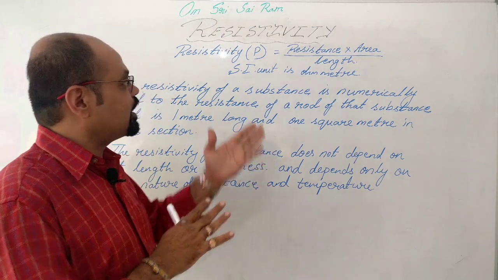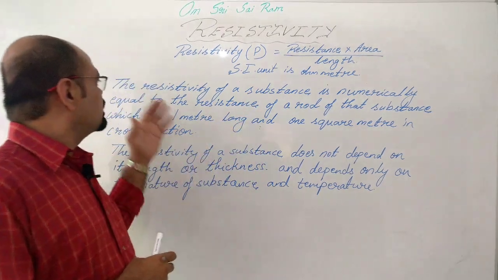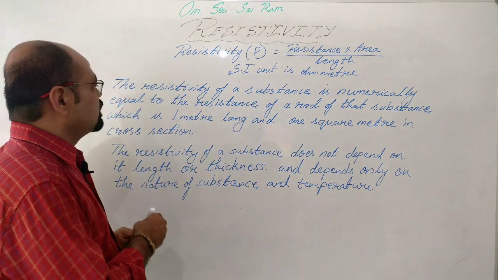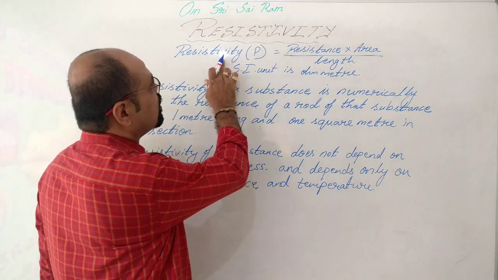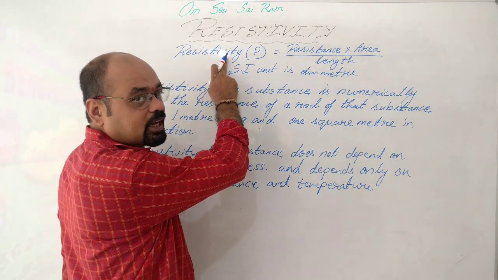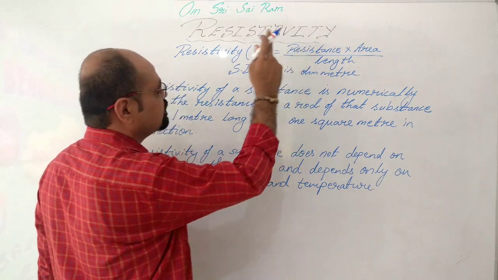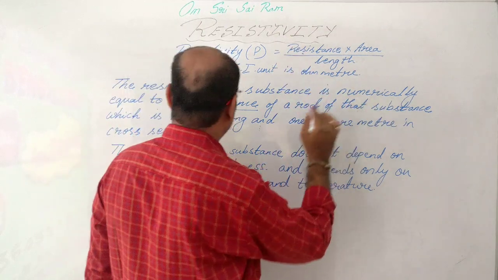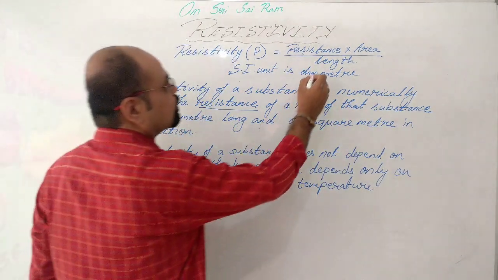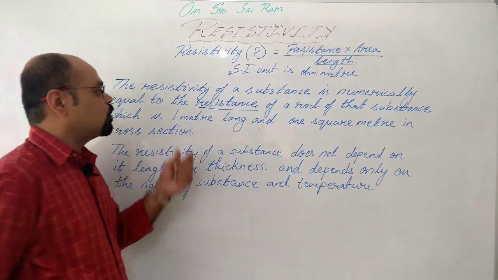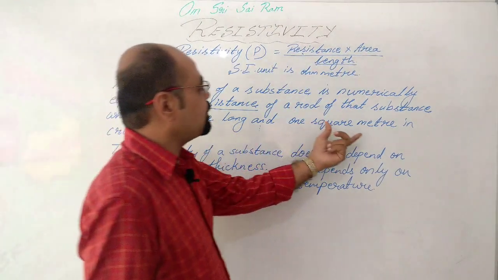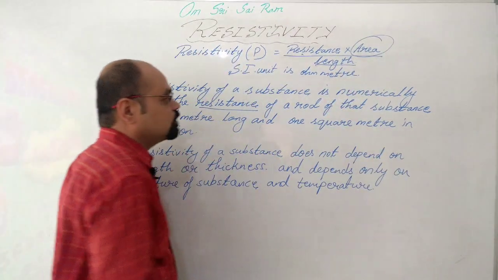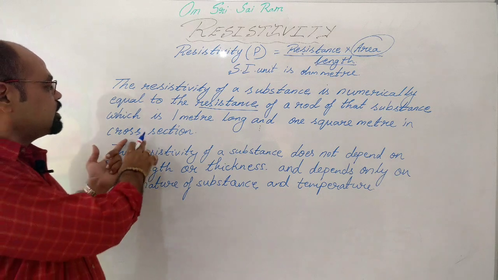The resistivity of a substance is numerically equal to the resistance of a rod of that substance which is 1 meter long, because we have length here, and 1 square meter in cross section.